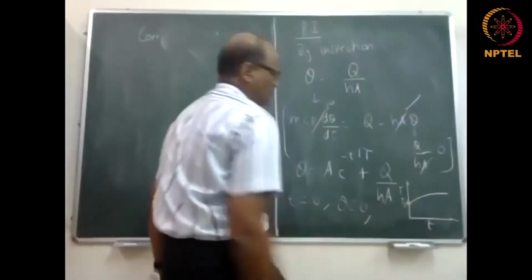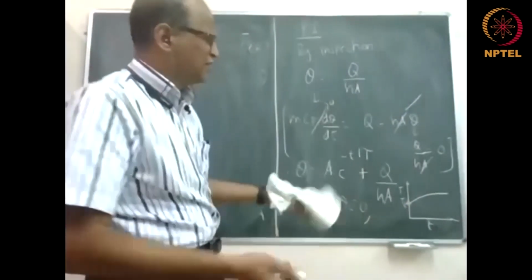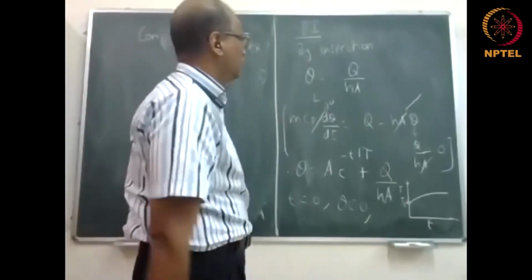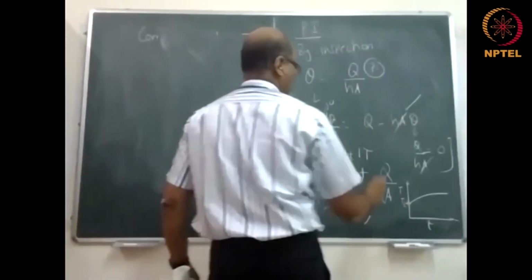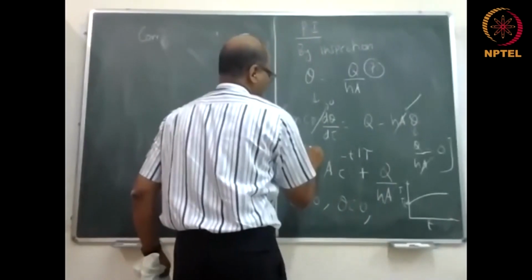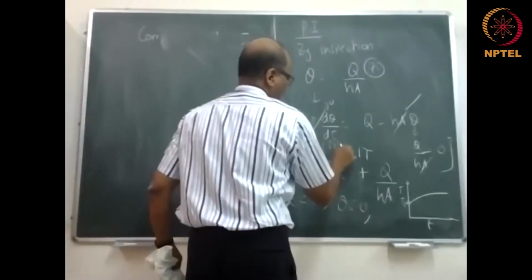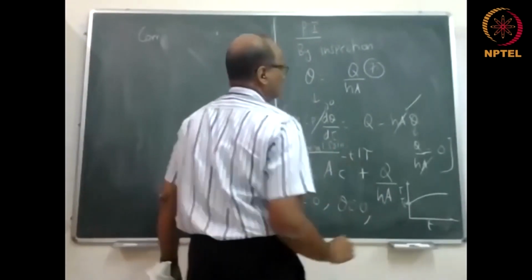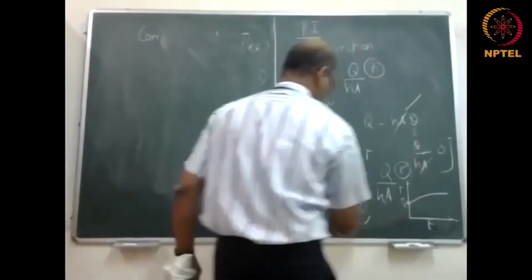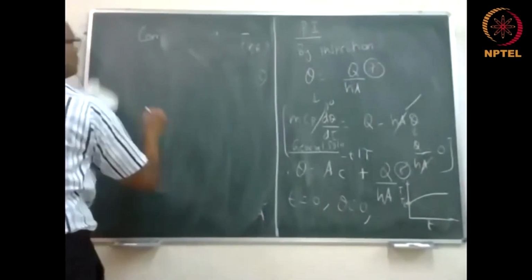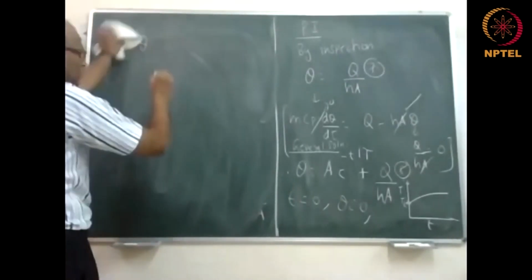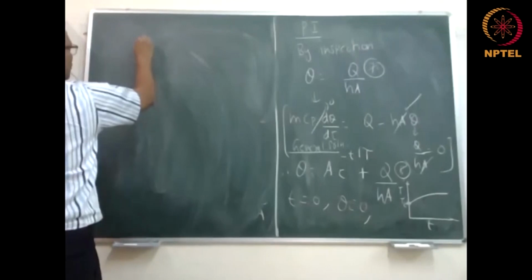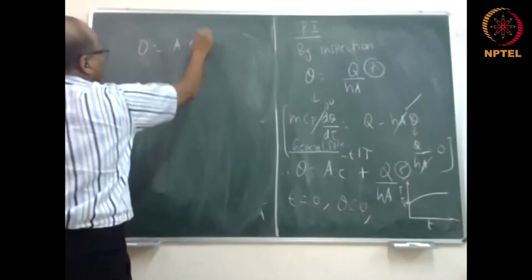At time t equal to 0, we assume that the initial temperature Ti is T infinity. So this is equation 7, the general solution. We substitute this. Therefore, 0 equal to A into e to the power of 0.